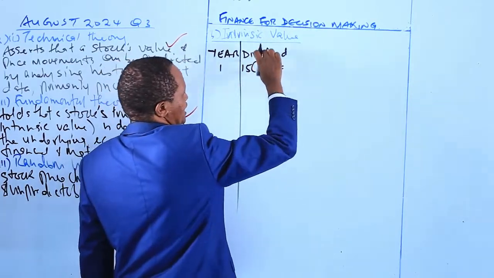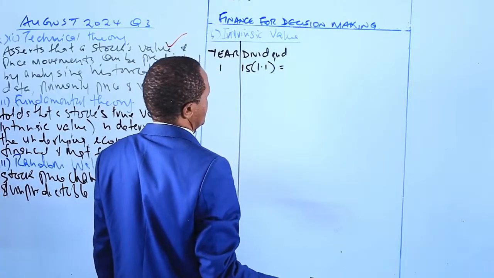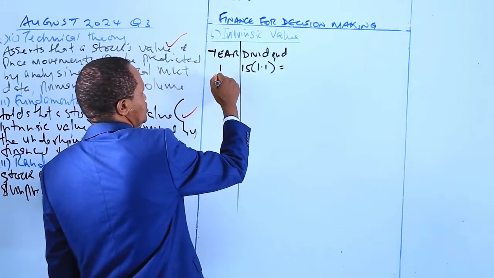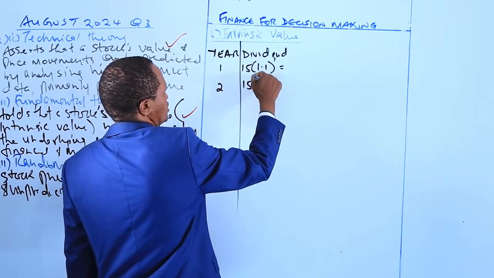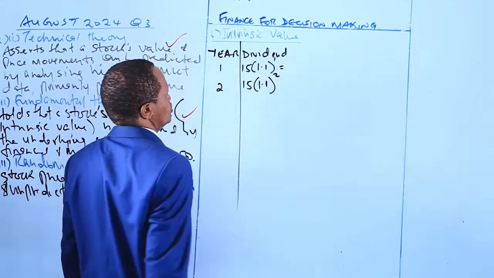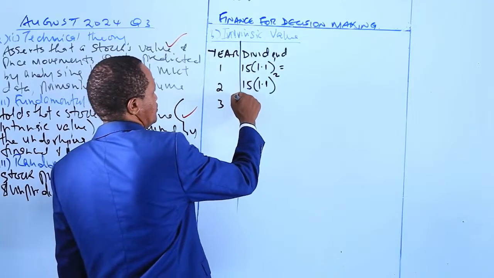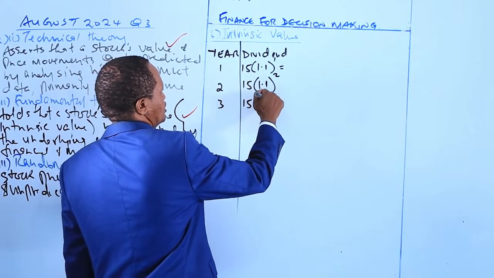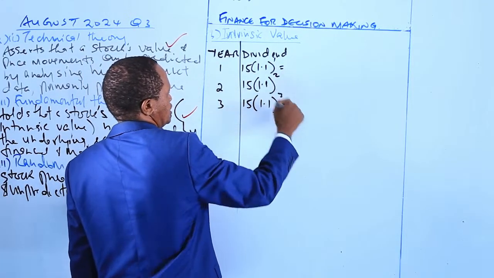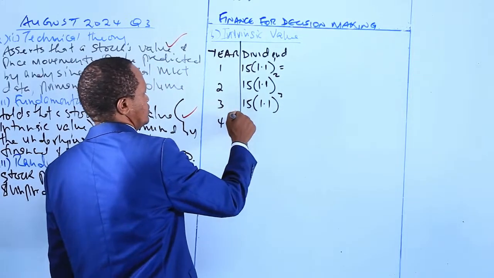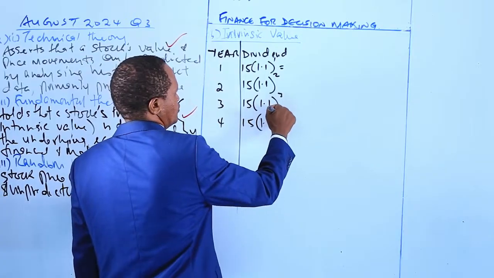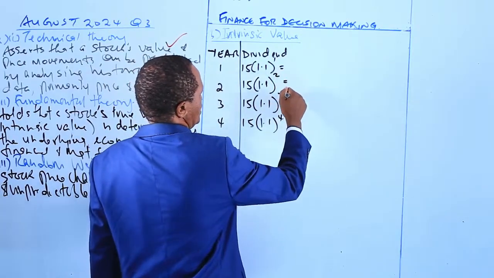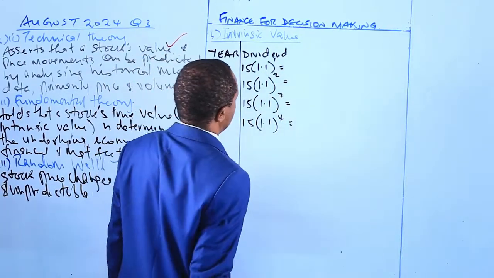Value of this dividend at the end of year 1. Then at the end of year 2, we'll again multiply 15 by 1.1 raised to 2. Year 3, it will be 15 by 1.1 raised to 3. Year 4, 15 into 1.1 raised to 4. So these will be the values of the dividends for the 4 years.